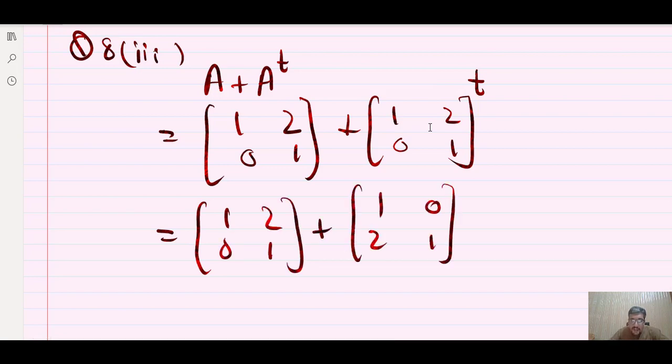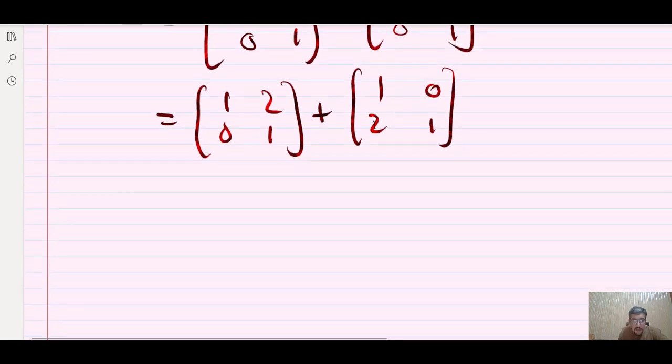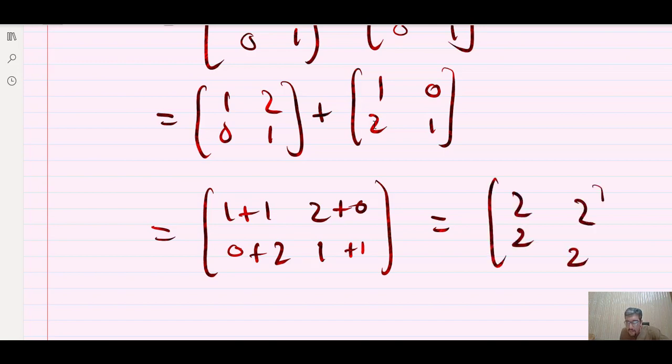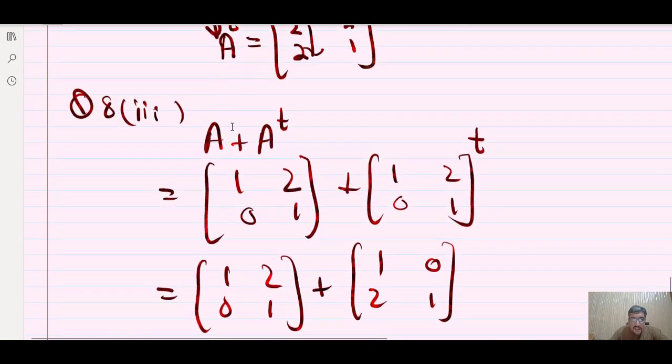Now if you add these two matrices, you will get 1 plus 1, 2 plus 0, 0 plus 2, and 1 plus 1, which is equal to 2, 2, 2, and 2. This is the value of A plus A transpose.